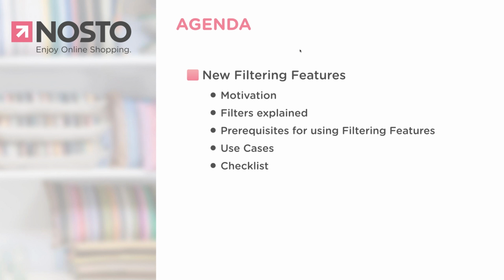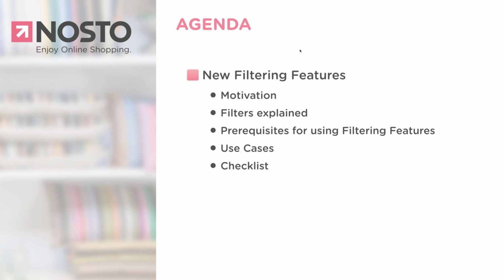So I want to keep this webinar lean. It's basically going through a couple of points. So quickly, our motivation behind launching these new features. Then actually going into the Nosto backend to set up these filters using a couple of real-life use cases as well.